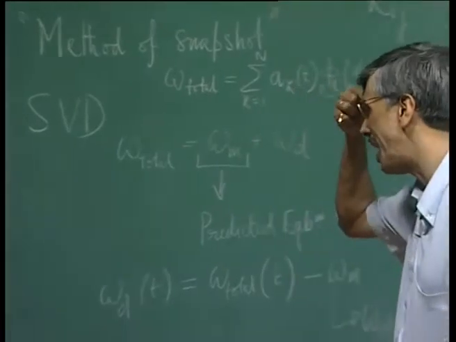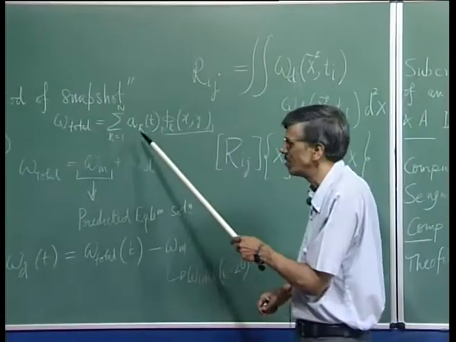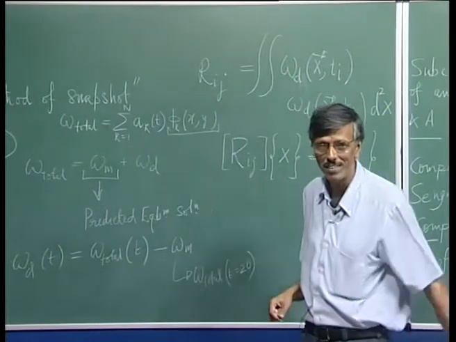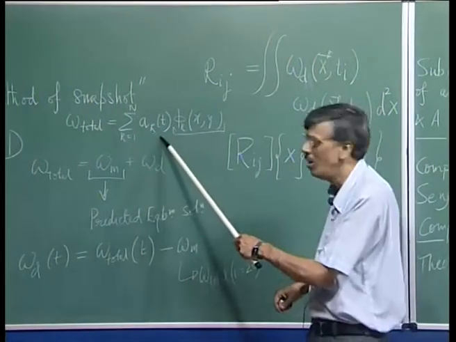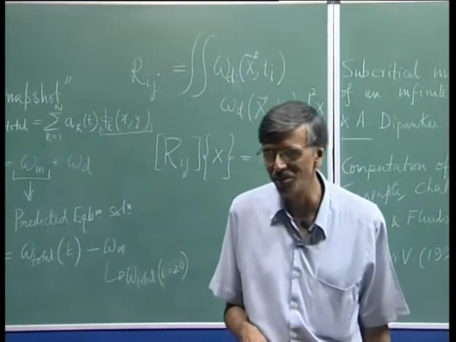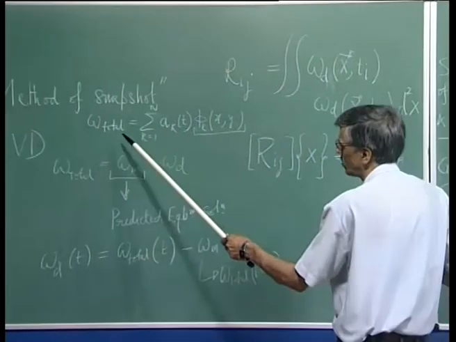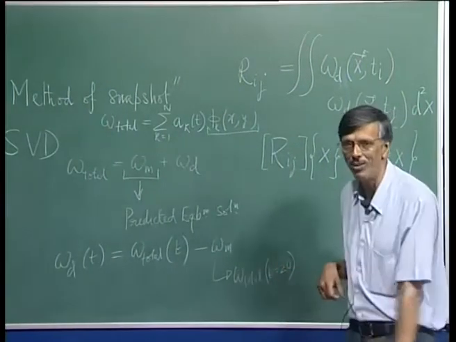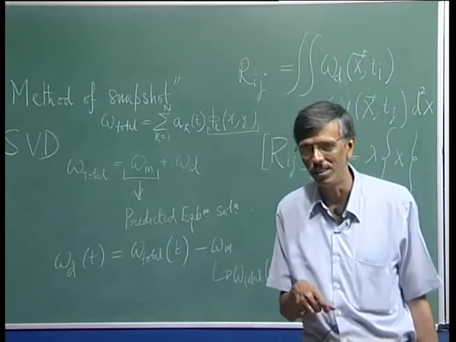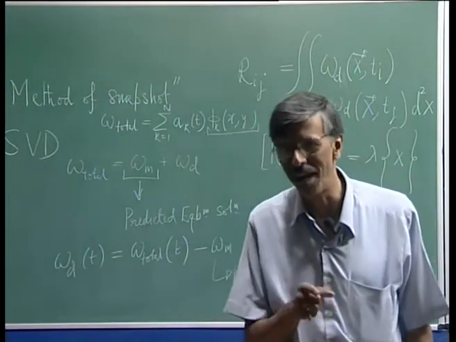Now once we do that, we can easily obtain it. Why and how? Because these modes are orthogonal. So we can use the orthogonal property, and from the accurate simulation we can calculate how a varies with t. This is the unique approach that we have chosen.